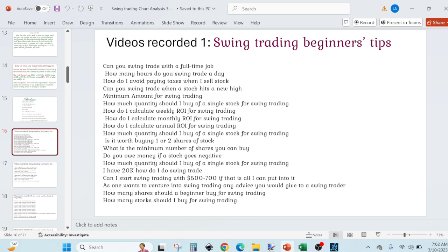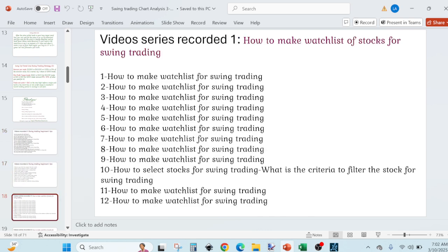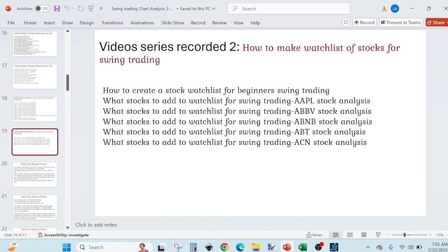Not all of them are published yet, and we have a series on how you can create your own watch list, and we have another series that we started recording that will follow, so that when you come across a stock, regardless of what people are saying, whether it is good to trade or not, you can just put it through your filters to see if it is a good stock for you to add to your watch list.